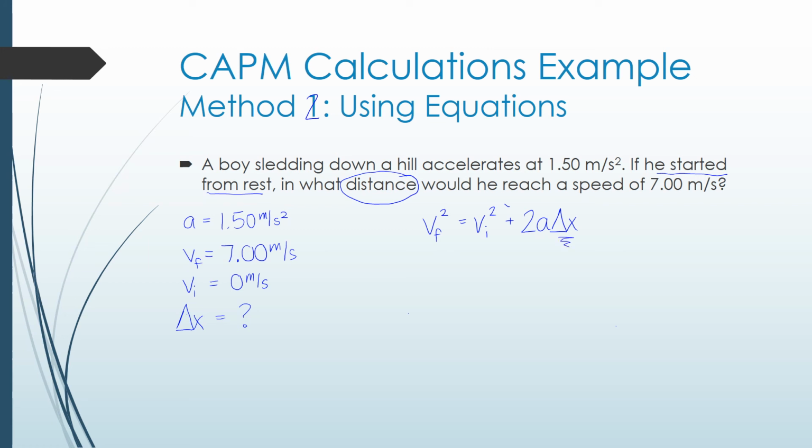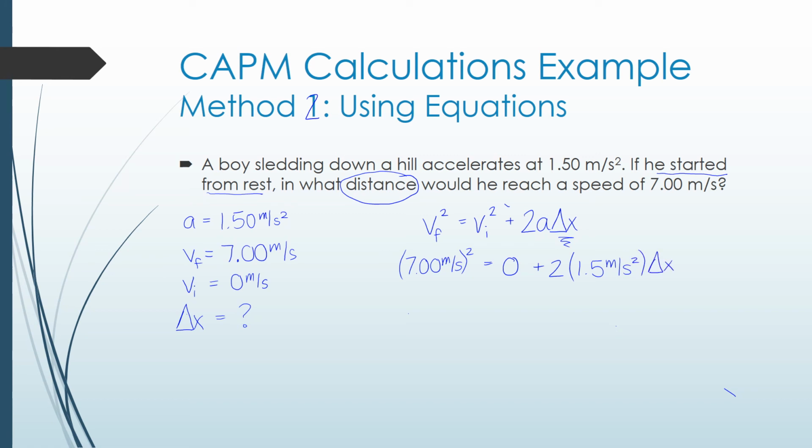So I can plug numbers in. 7 meters per second, and then I have to square it. Don't forget about squaring that. That's really important. That's equal to 0 because V initial is 0, plus 2 times my acceleration of 1.5 meters per second squared times delta X, or the thing I'm looking for.